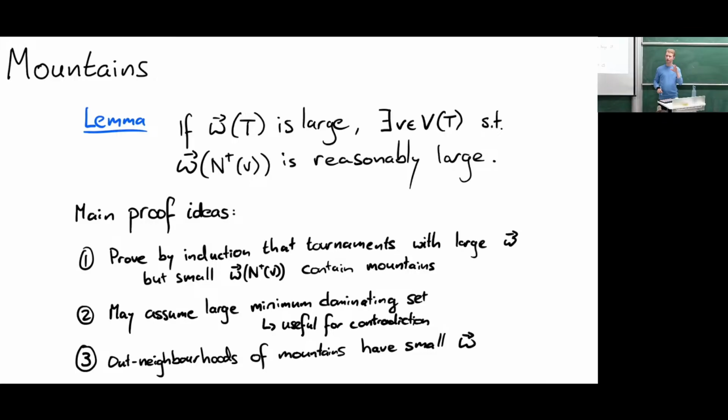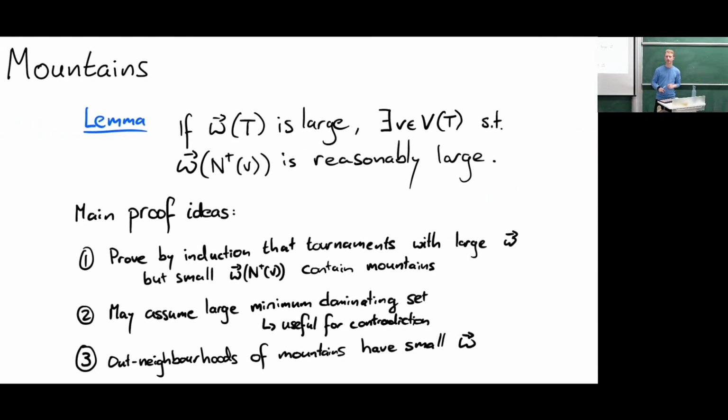So in fact, what we can do is if we have a mountain, we can delete its out neighborhood and still have large dichromatic number in the remainder of the tournament, allowing us to build larger mountains, or get a contradiction with DM.